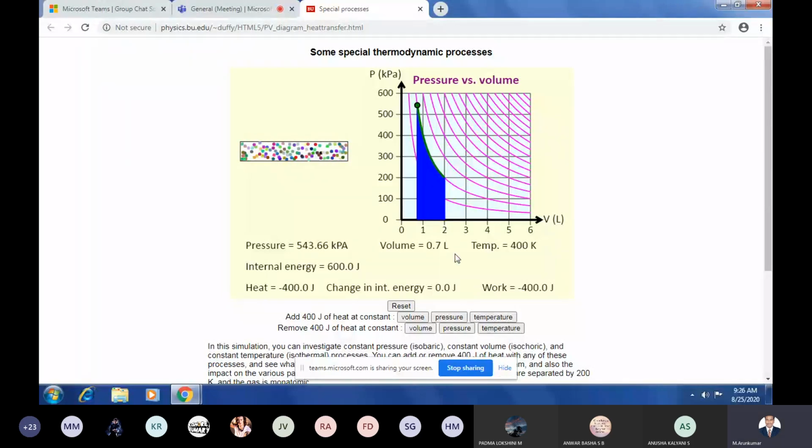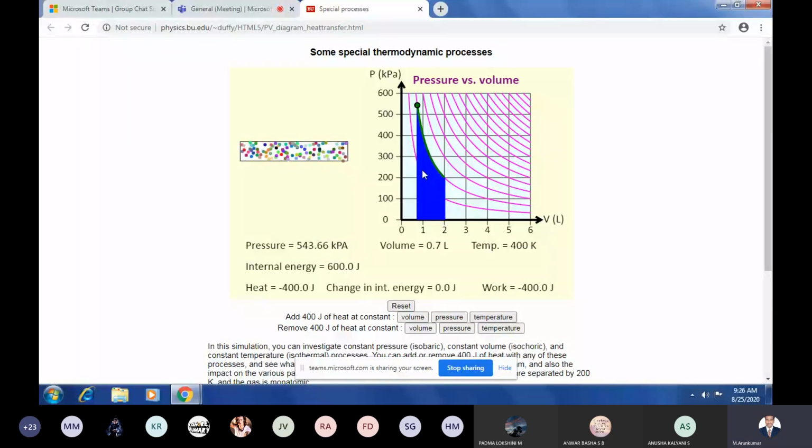So this is the PV diagram of a system. Also, we can see how heat energy is added to or removed from the system. Here we reduce the heat energy, so minus 400 joules. So there is no change in internal energy of the system, but work is 400 joules in a constant isothermal process.